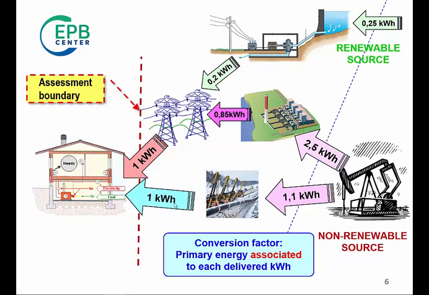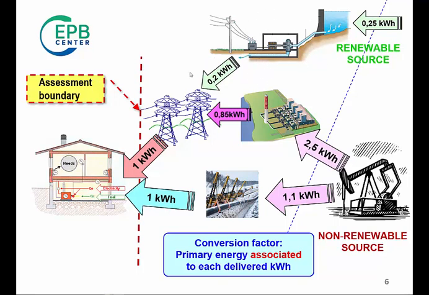So if we take for example gas, to deliver 1 kilowatt hour of gas at the assessment boundary, probably you extracted 1.1 kilowatt hour because some gas was used to power the turbines, push the gas through the pipeline, and something has been lost because the pipeline is not completely tight. If we consider now grid electricity, this is generated by a mix of generation systems that can be based either on non-renewable sources like thermal power or on renewable sources like hydropower.